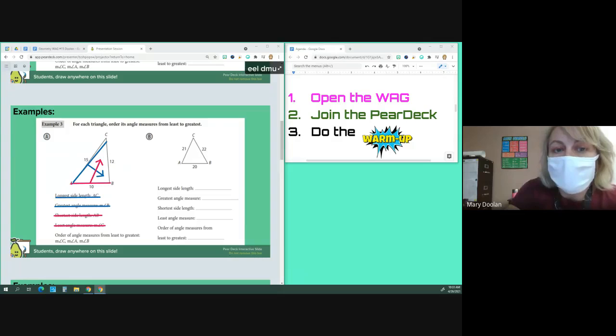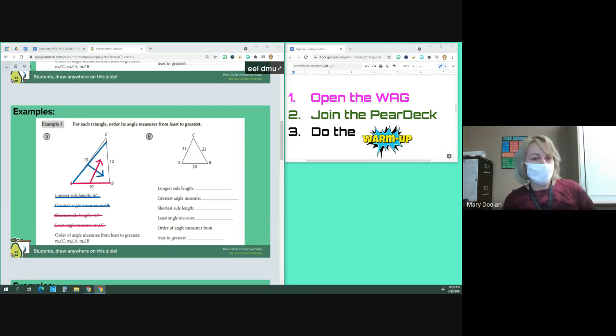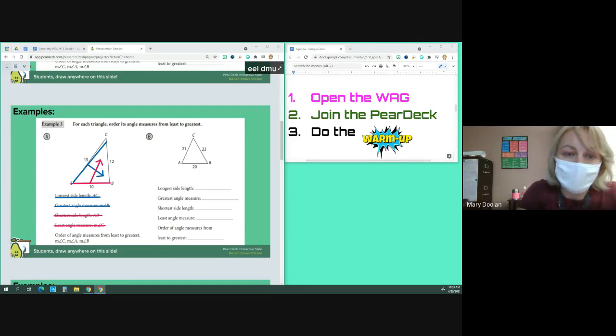All right, so the longest side has the greatest angle measure across from it, and the shortest side has the smallest angle measure across from it. Now, since we're dealing with a triangle that has 3 sides, we can order these from least to greatest, because we now know that the smallest one is the measure of angle C, the greatest one is the measure of angle B, and the one we didn't use is going to go in the middle.